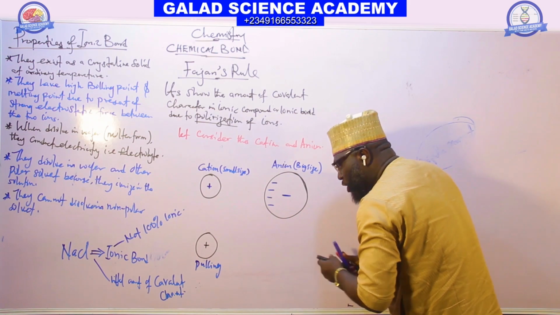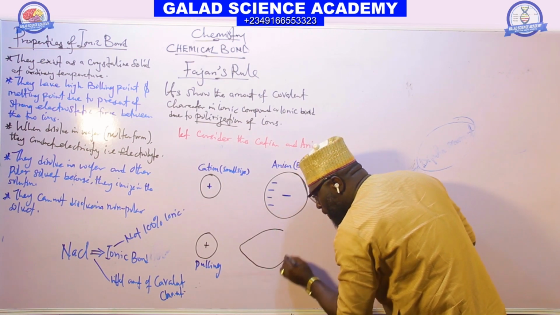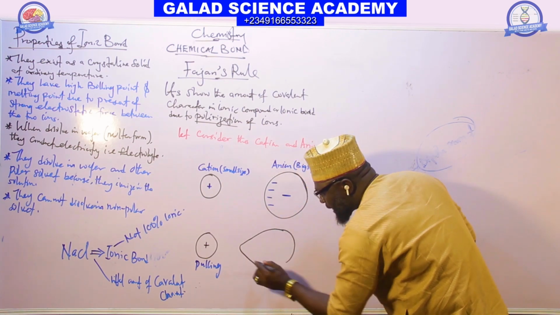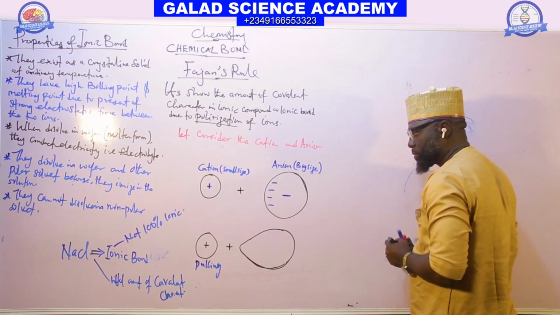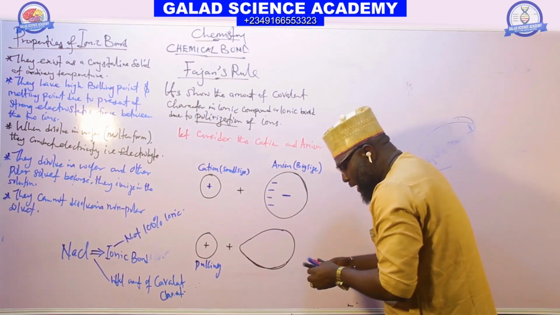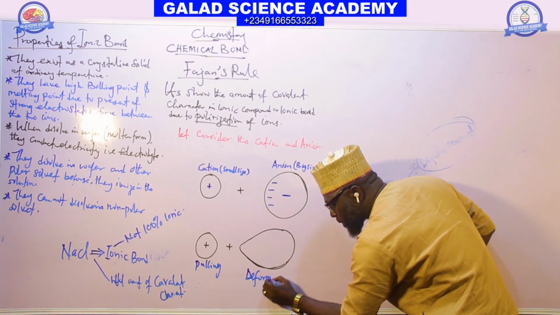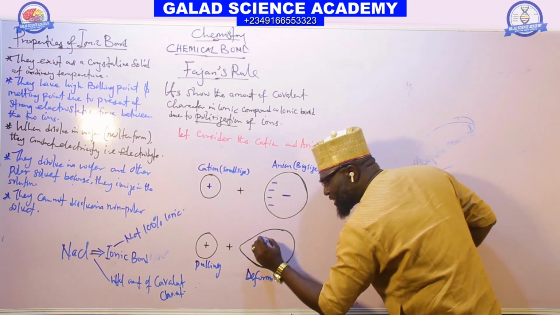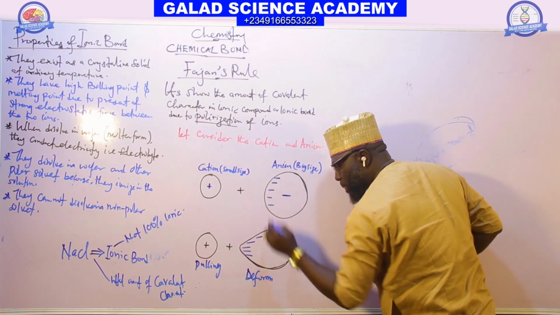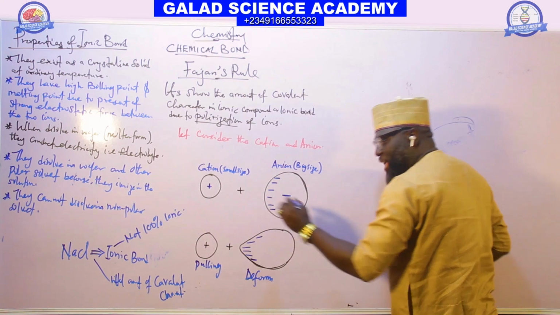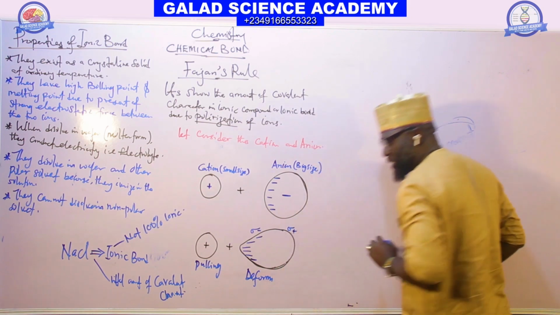So when it is pulling electrons toward itself, the anion will be deformed. The negative charge will move toward this side. As a result, we have a partial negative charge here and a partial positive charge here.